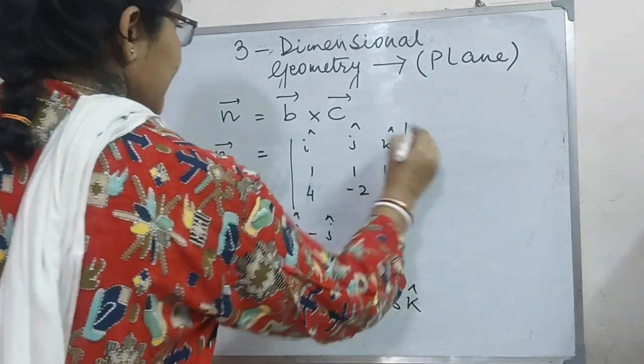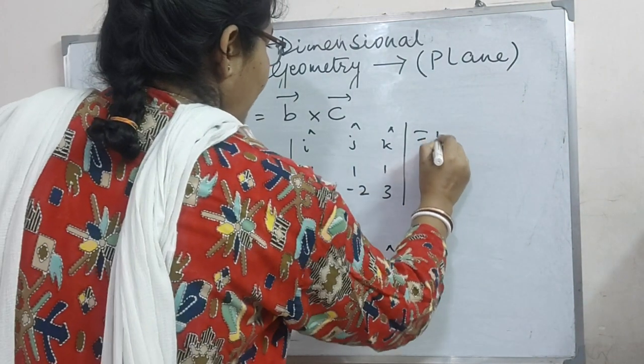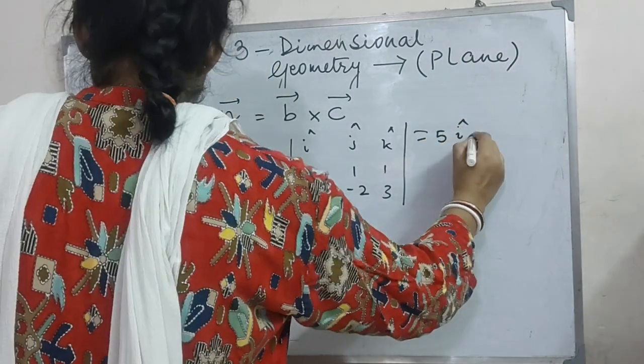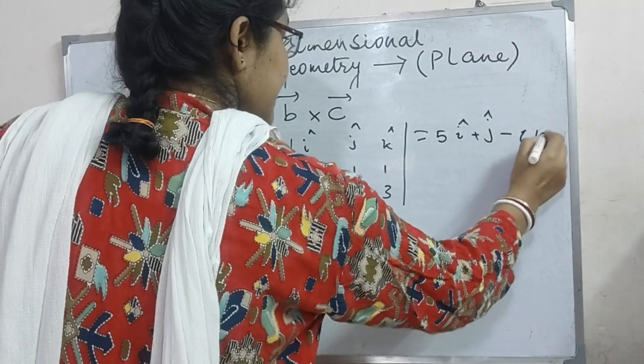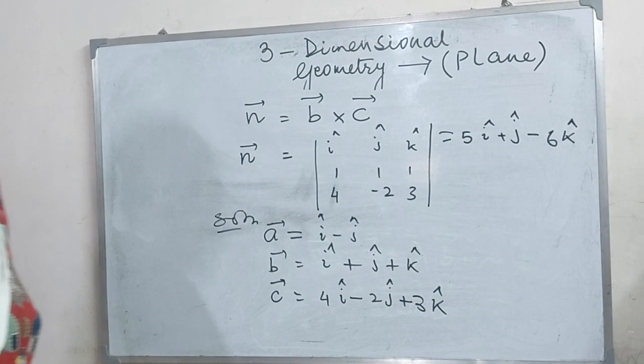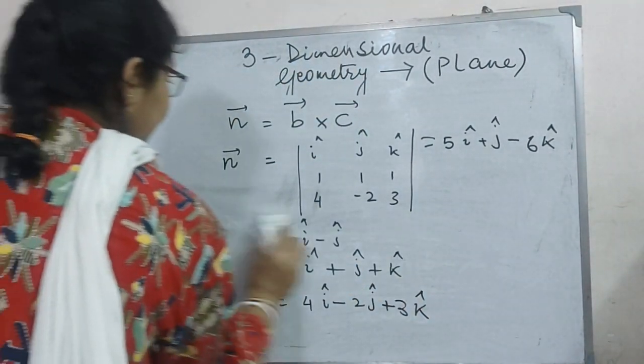So the determinant is 5i plus j minus 6k. This is n.